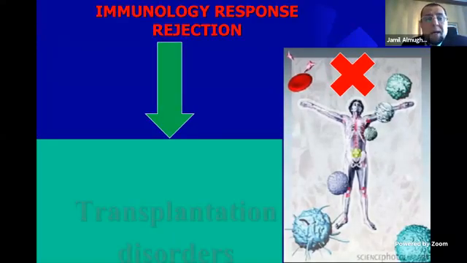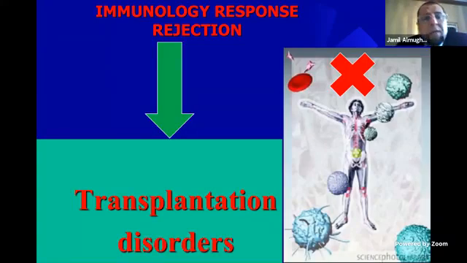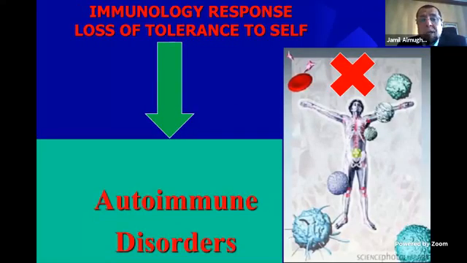The immune system can also cause problems in rejection of organ transplantation, and then you can see many transplantation disorders. The important topic of the day: if our immune system loses tolerance to self protein, self antigen, self mechanism, self enzymes, patients might come requesting help with problems called autoimmune reaction or autoimmune disease.